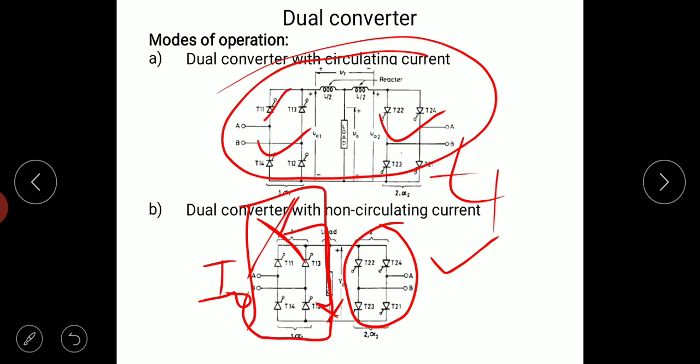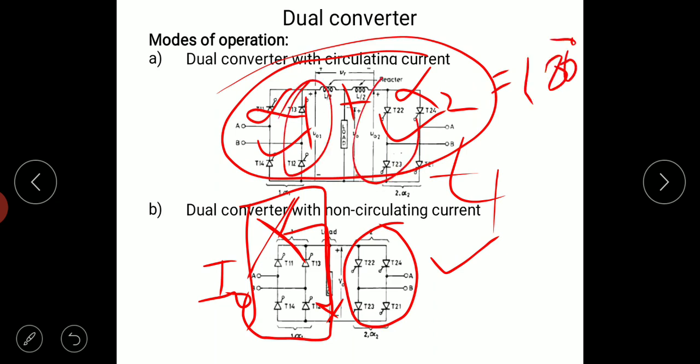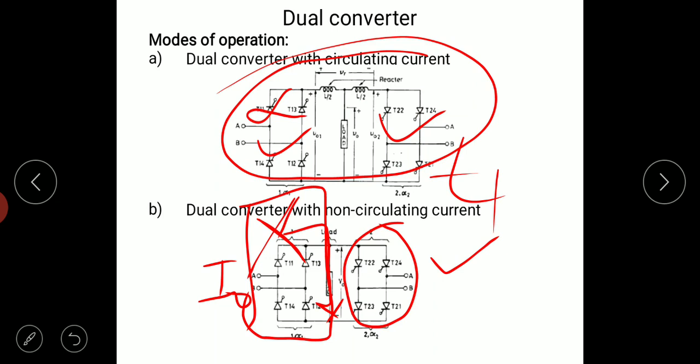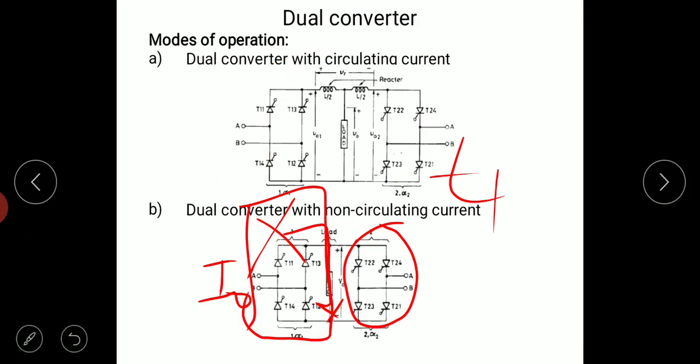Only the requirement is that alpha 1 and alpha 2 should have a sum of 180 degrees so that at least the average voltages are maintained equal at both ends. So here, till time instant t1 we were requiring I0 current.